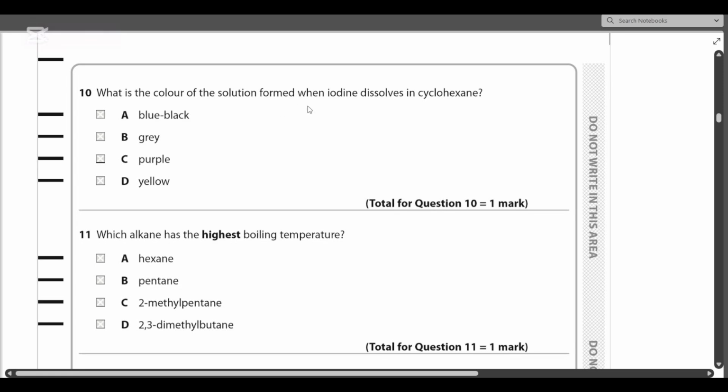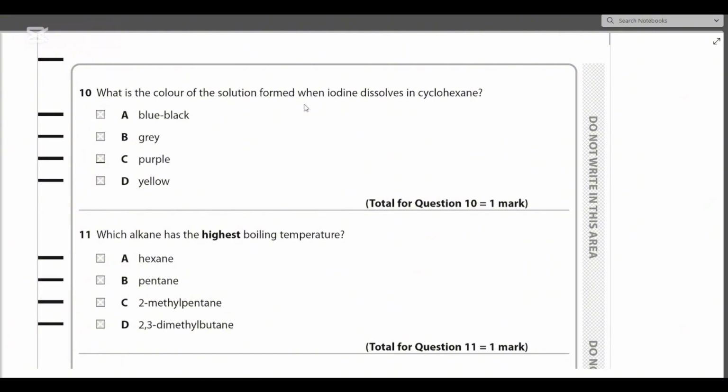What is the color of the solution formed when iodine dissolves in cyclohexane? You have to understand the color of iodine. When iodine dissolves in cyclohexane, we get a purple color. Only when iodine is concentrated do we get blue-black, or in other words, brown.